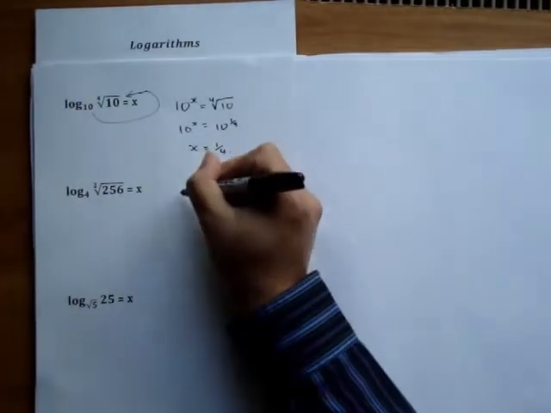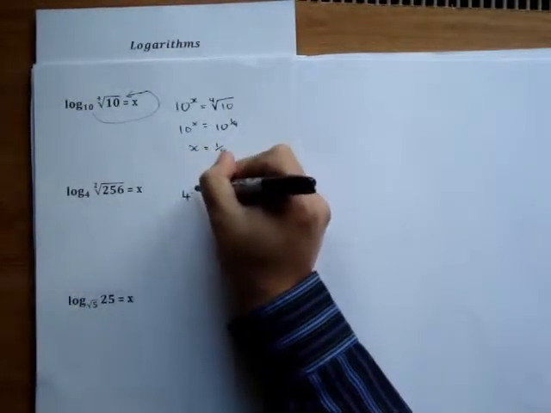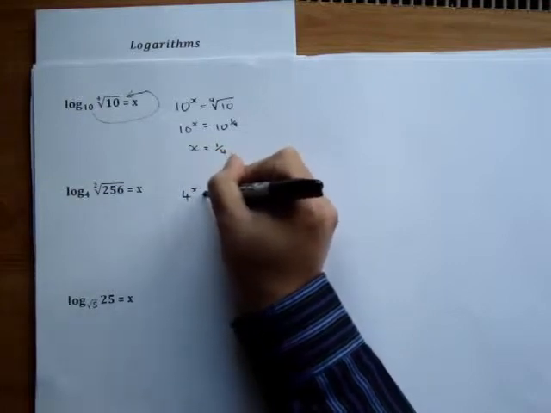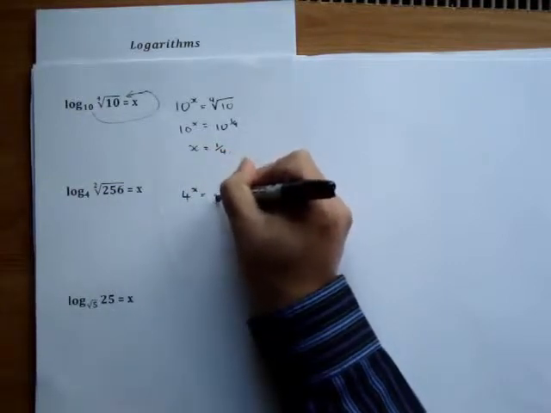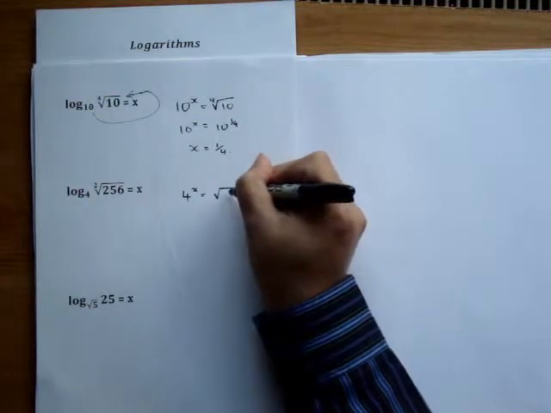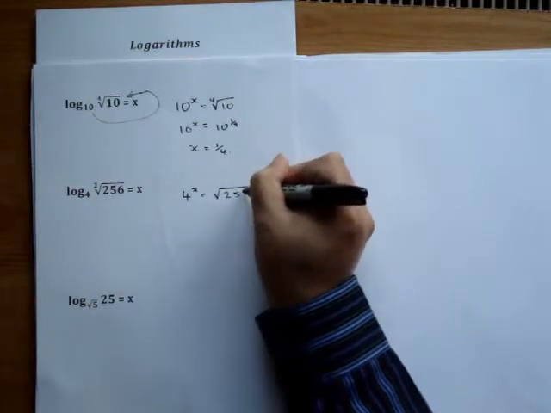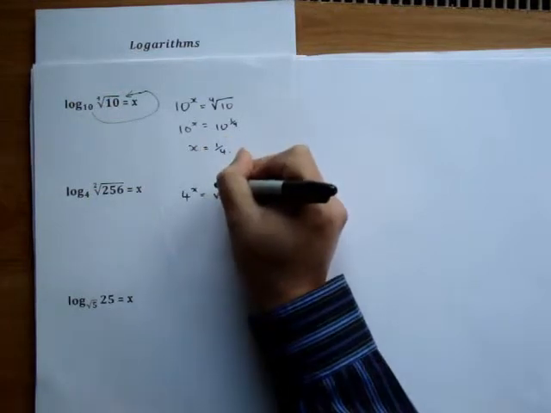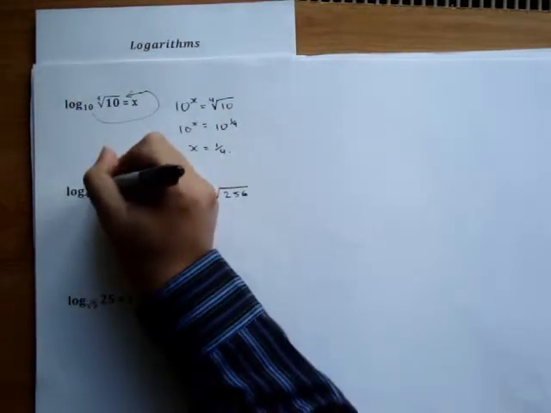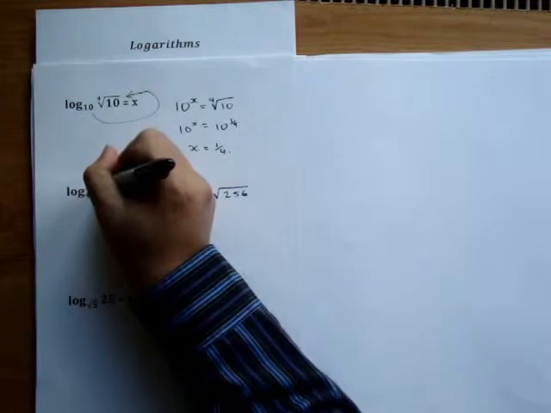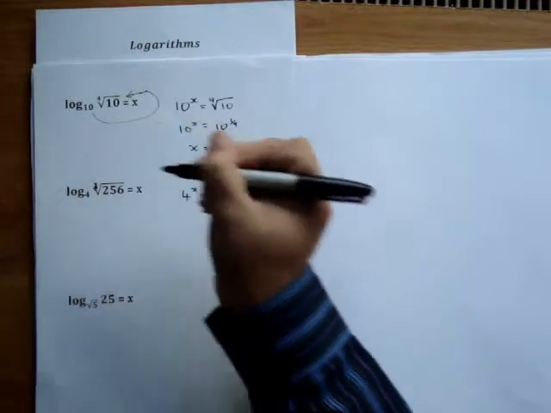The same here, let's go: 4 to the x equals 256. That should be 1/3 in the original question.